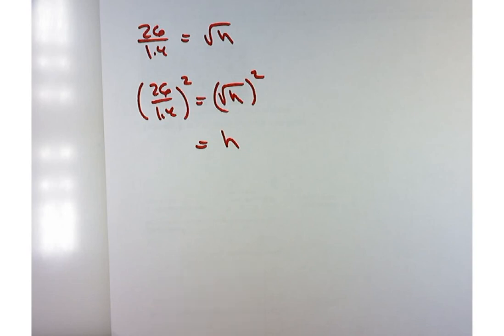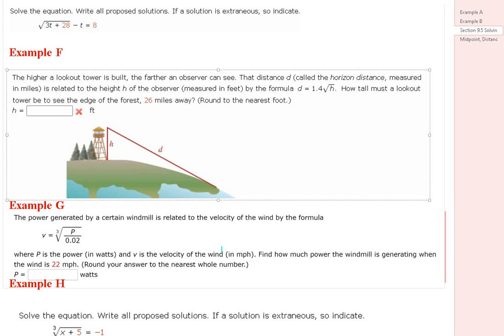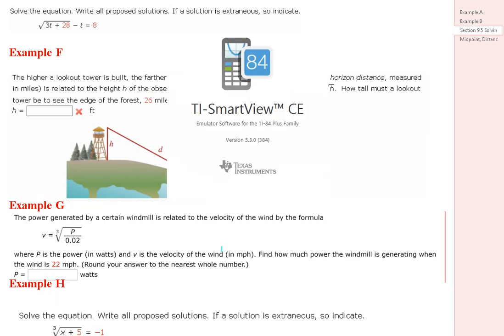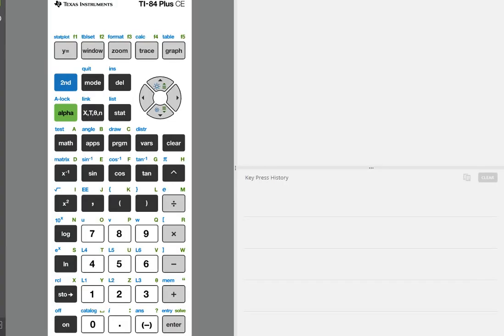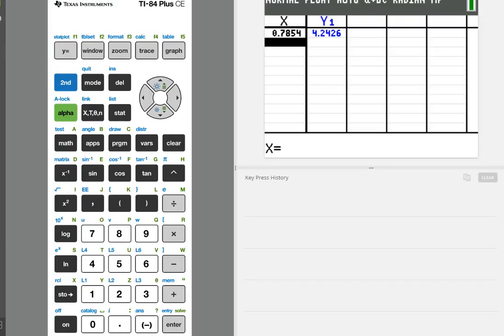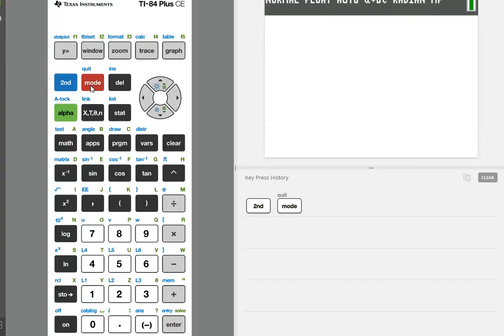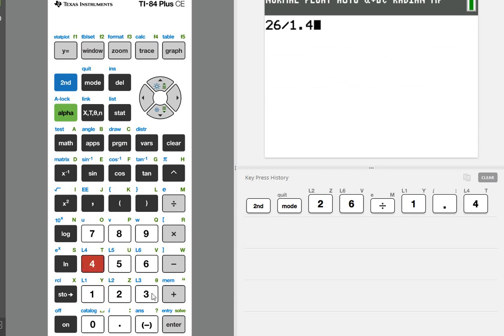They are going to ask you for a decimal answer, so let's pull up the calculator here. All right, so 26 divided by 1.4 gives me this crazy number.